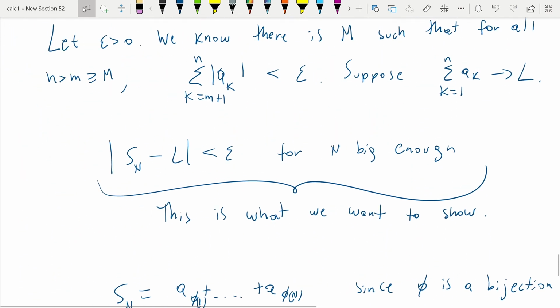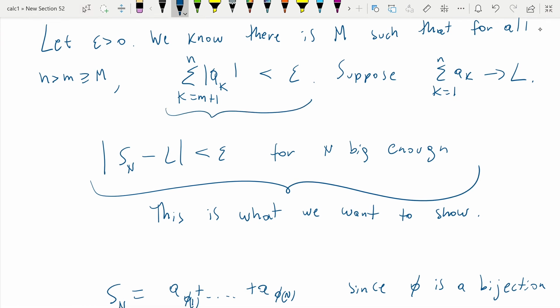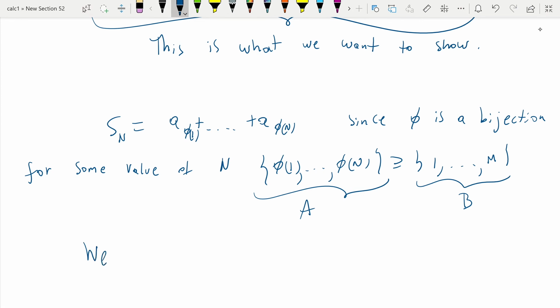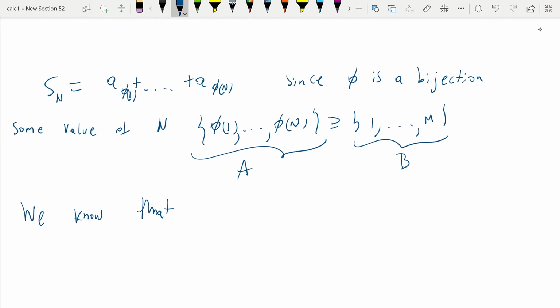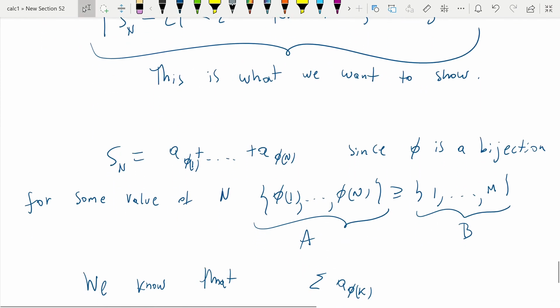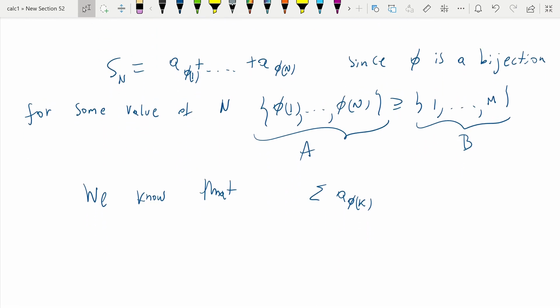And now, because of this property here, we know that the sum of the a sub phi k's such that phi k does not belong to B, in absolute value, is going to be very small, because this is going to be part of the tail of the series.